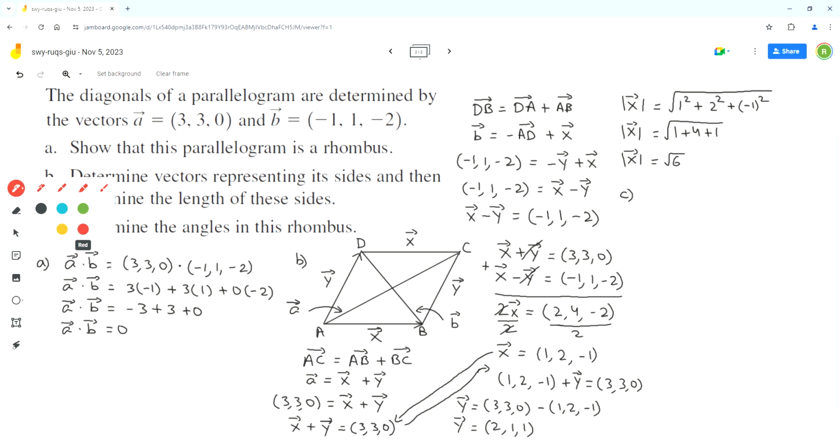So we can start by finding angle A in this rhombus, because at angle A, vectors AD and AB are arranged in tail-to-tail format.